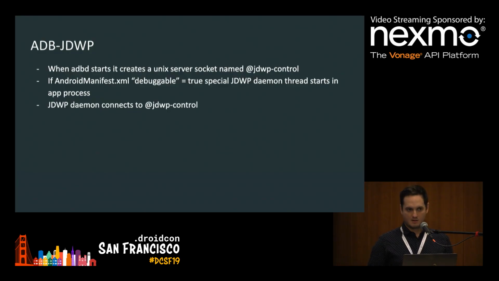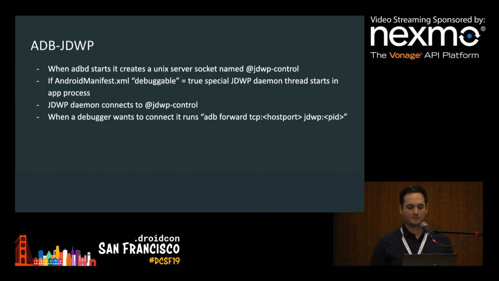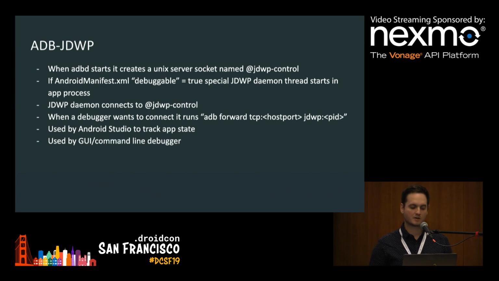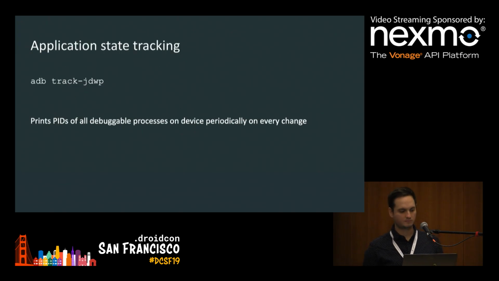And then when the application is running, the daemon connects to the socket. And if we want to debug the app or know its state, we can do some magic port forwarding thing, and we can monitor our app, or we can attach the debugger to our application process and debug it.